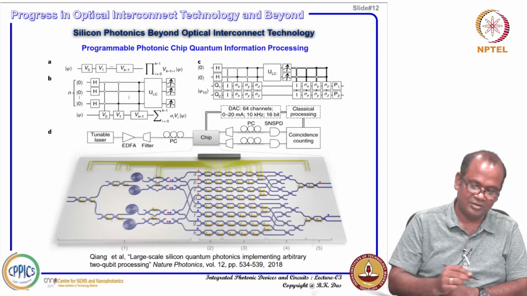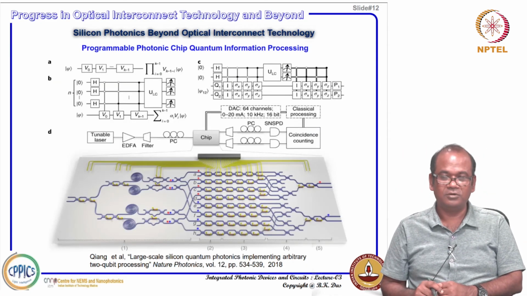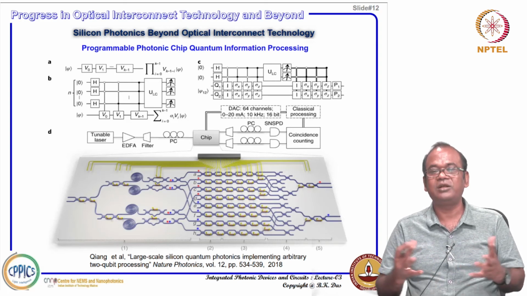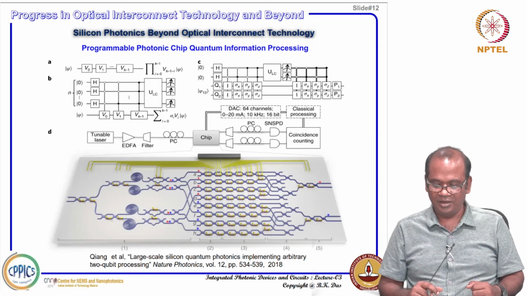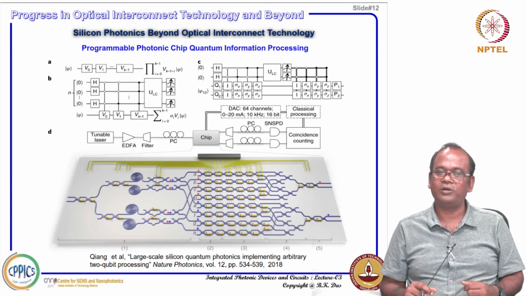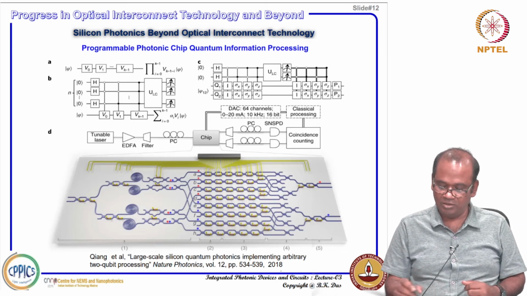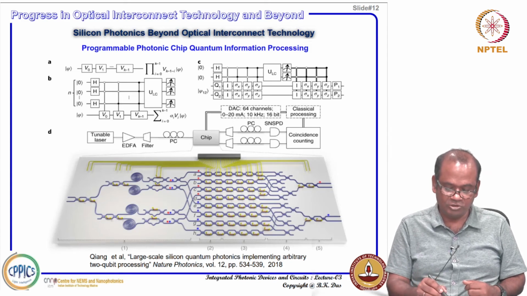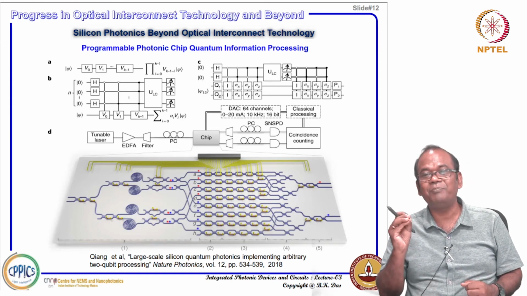Okay. And at last I would like to present the quantum things I hinted at earlier. Actually people have demonstrated quantum photonic processors also. Here if you see, in 2018, large scale silicon quantum photonics implementing arbitrary 2 qubit processing. Qubit means quantum bit.